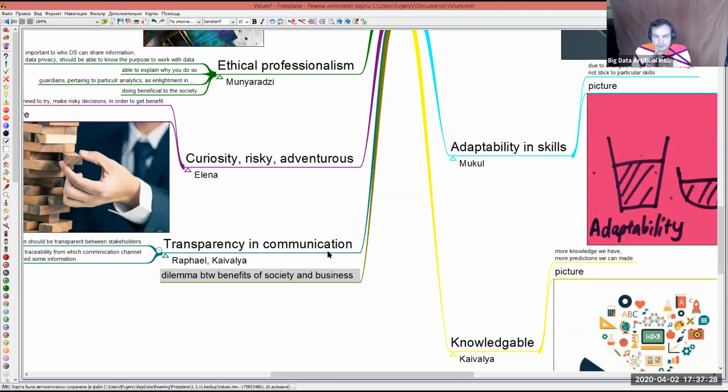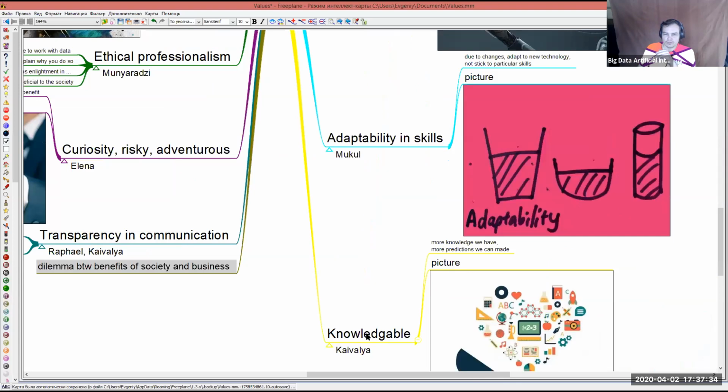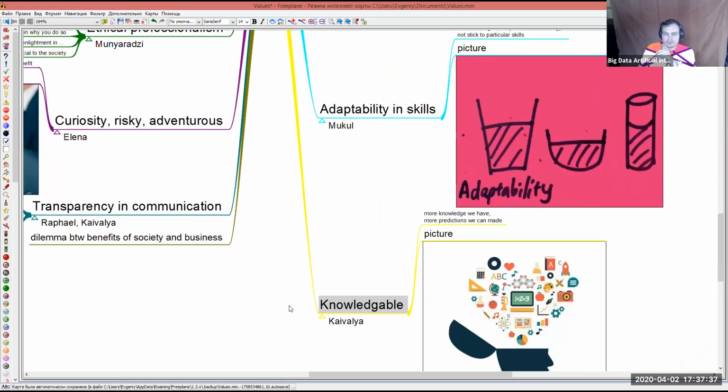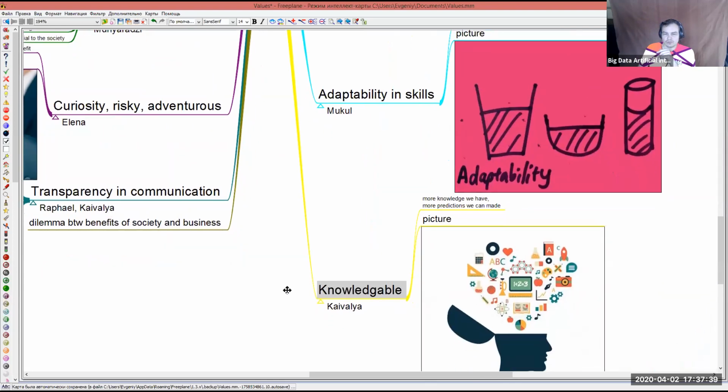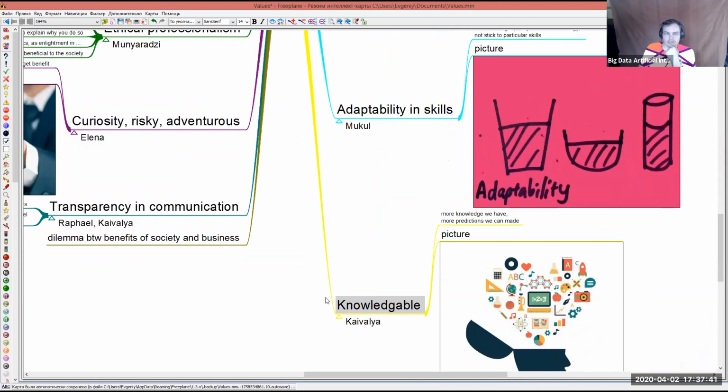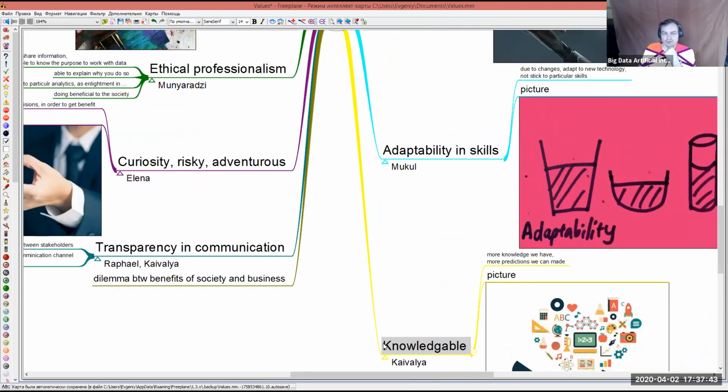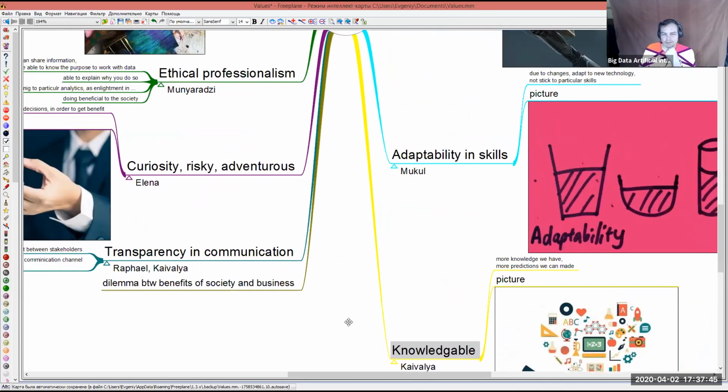In each particular case, you as a data scientist can be knowledgeable, you can understand the context of usage of your model, your technology, and it's up to you to decide whether to participate in this project or not.